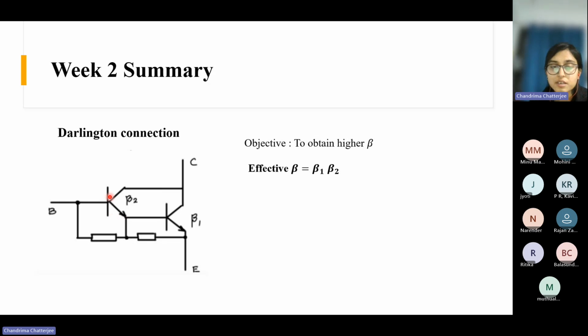You can see this is the emitter terminal, and this is connected to the base of another device, and their collector terminals are connected like this, and the emitter of the second device is like this, and there are some resistors which are useful during the reverse recovery. So when the diode conducts, the reverse recovery current will flow like this. That's why these resistors are provided, right?